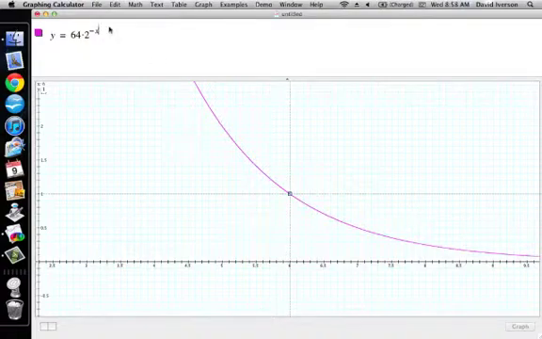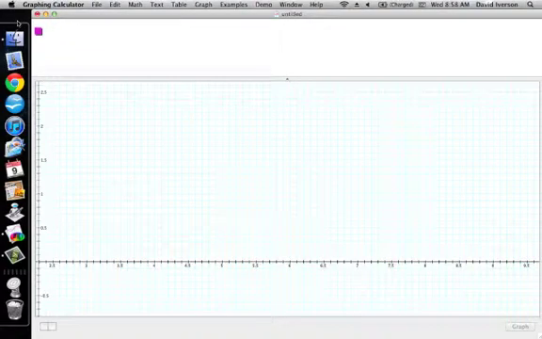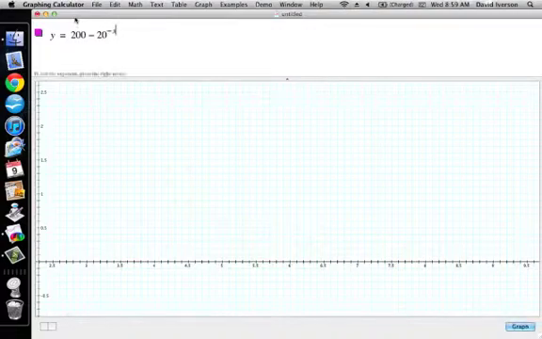All right. So exponential growth, exponential decay, and then I want to give you a terminal velocity one. I'm going to say y equals negative 200 minus 20 to the negative x.